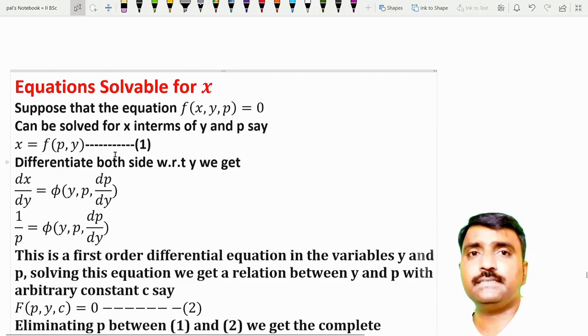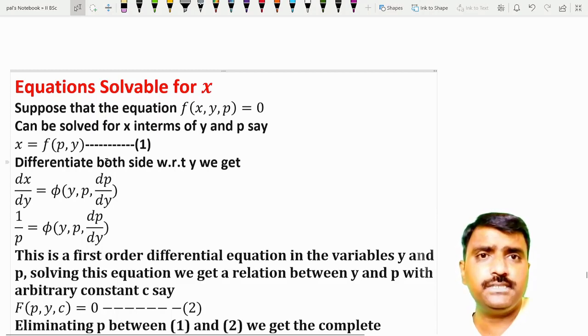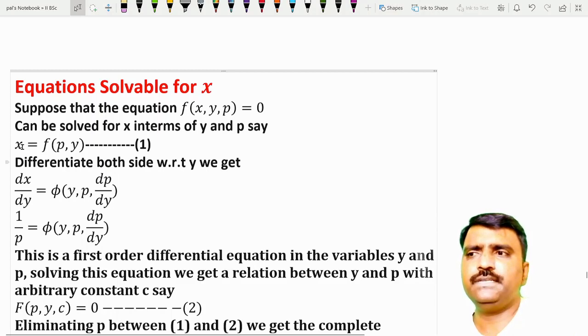So now what is next? If it is solvable for x, then you write x is equal to a function of p and y, and you differentiate that equation with respect to y. Then the differentiation of x with respect to y, dx by dy, is equal to a function of y, p and dp by dy.